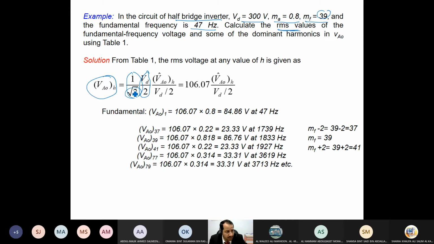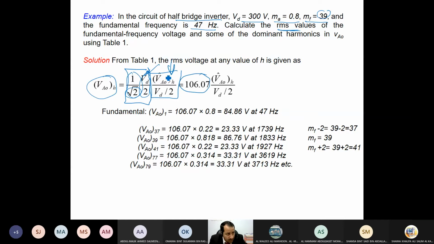I divide it by square root 2 because I want to find the RMS value. Then I need the ratio of the peak output voltage to the input voltage. By the way, I multiply these two because VD is given to me, and I got 106.